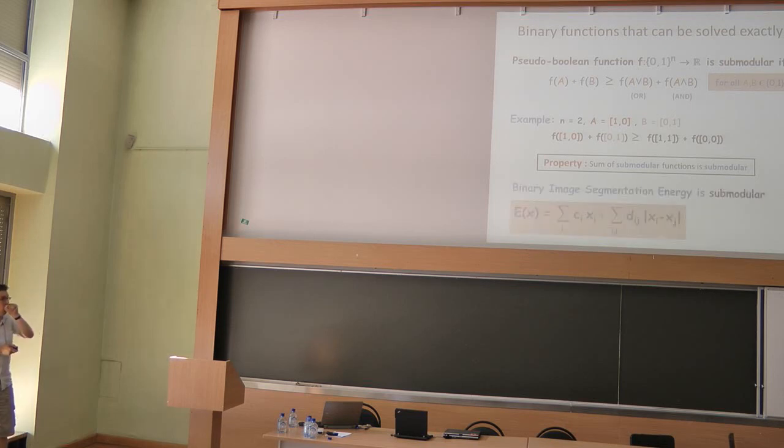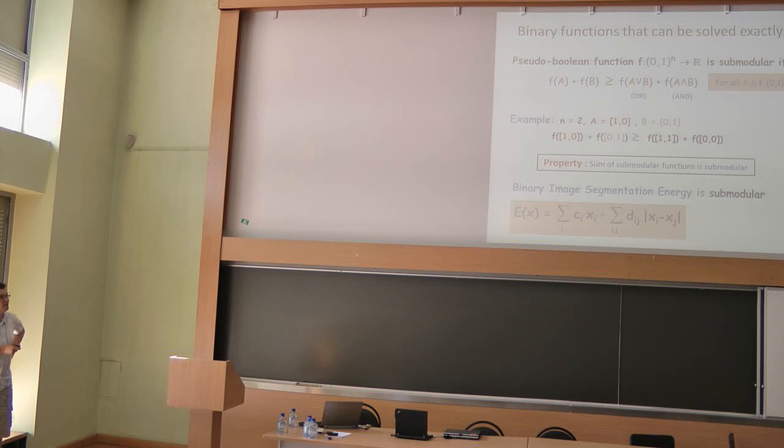So for image segmentation, we had such an energy where we had some unary terms, and we can also write 1 minus x, but this was always the pairwise term. It was always an absolute value of the difference of two. And so if we plug in 0,1 and 1,0, this is 1. So if you had 1 and 1, it's 2, greater or equal to 0.